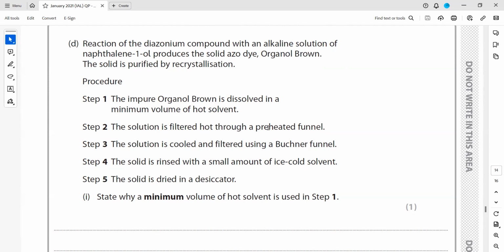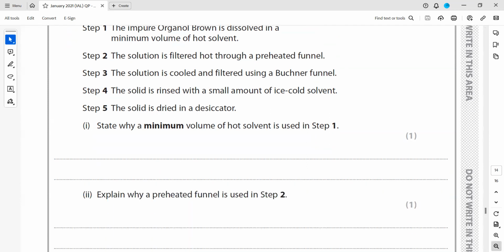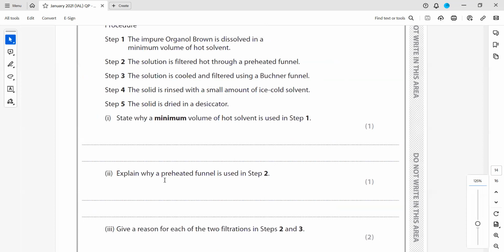The solution is filtered. This is a common question in paper 6. They ask why a minimum volume of hot solvent is used. As I mentioned, it is just to make sure that when we do recrystallization, the maximum amount will be extracted.